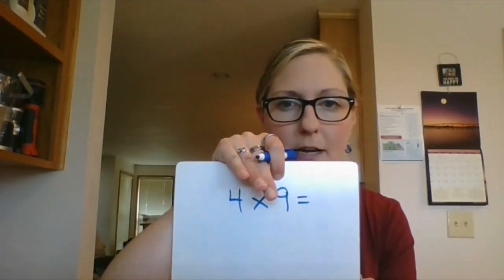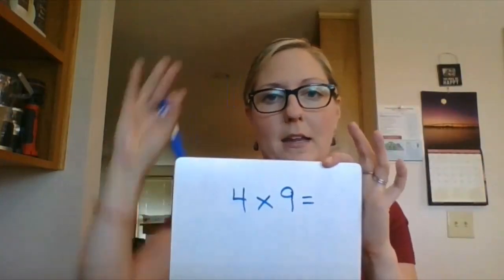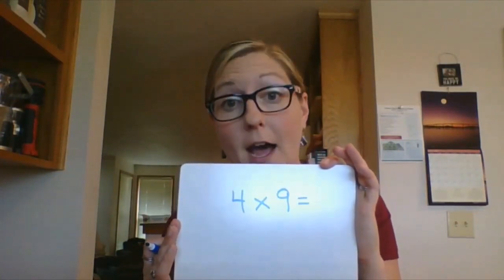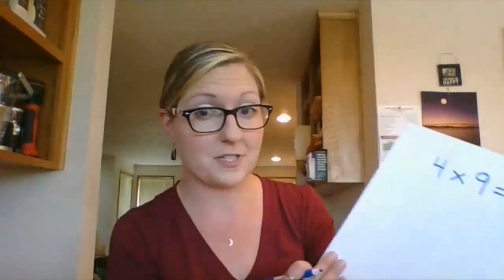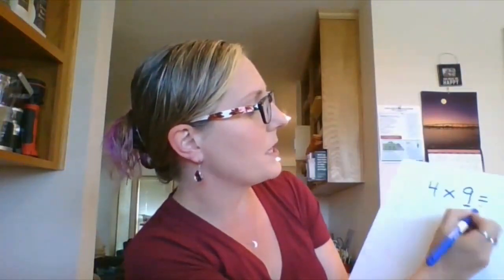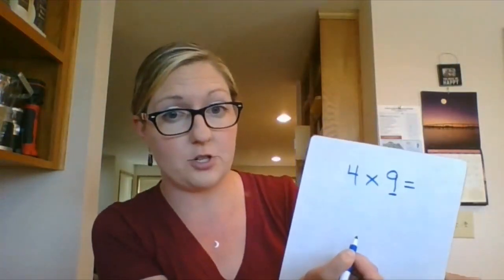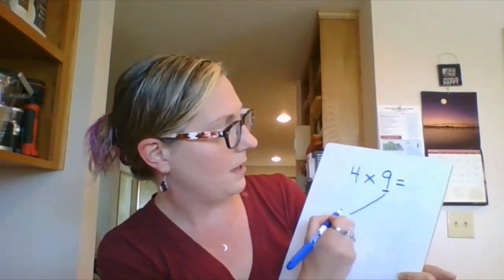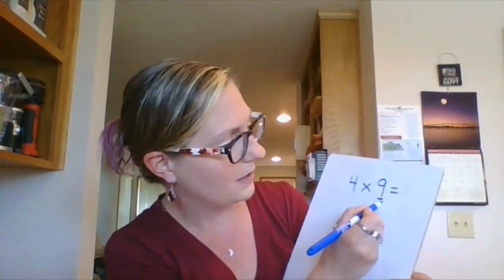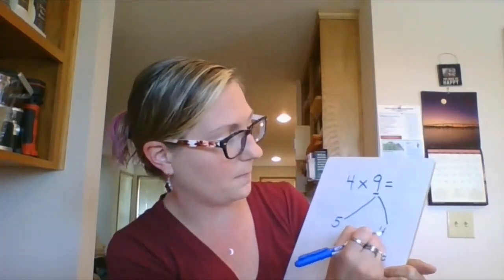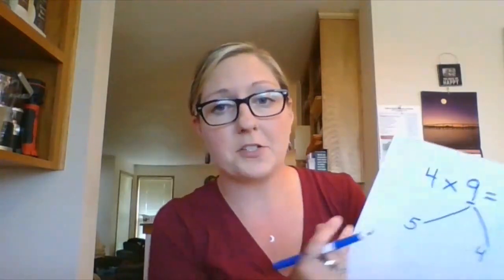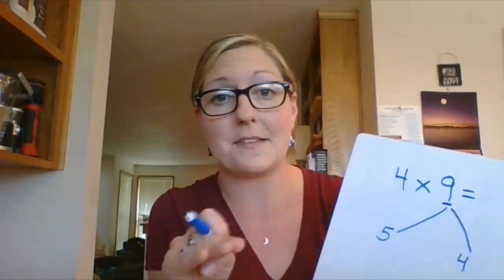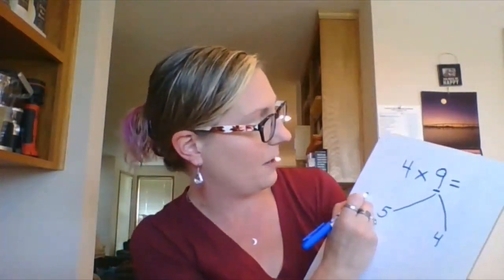How could I break 9 apart into 5 and another number? Well, I know that 5 plus 4 is equal to 9. So I'm going to rewrite this original equation by breaking that 9 apart into 5 and 4. And the factor that I did not break apart is 4 up here. That stays the same, and that factor gets to jump down.